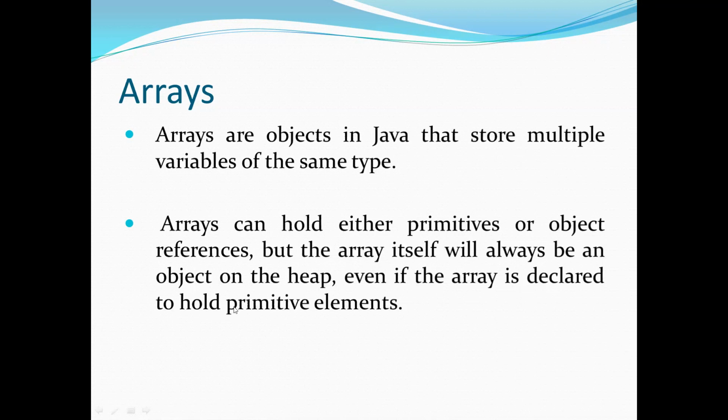So as I told you, it doesn't matter which type of value you want to hold. Array can hold primitives and the array can hold the object references, but that array will be created on the heap memory area.